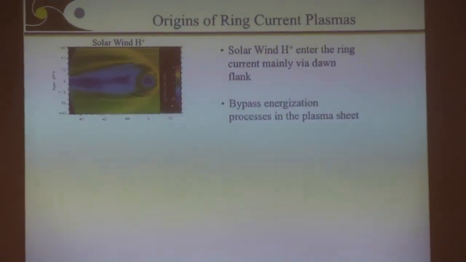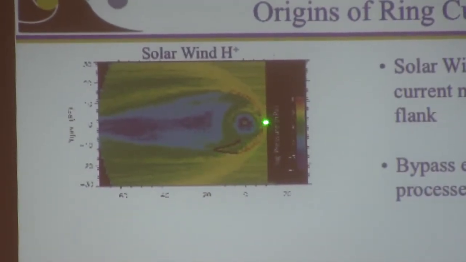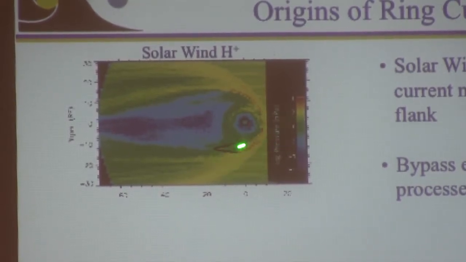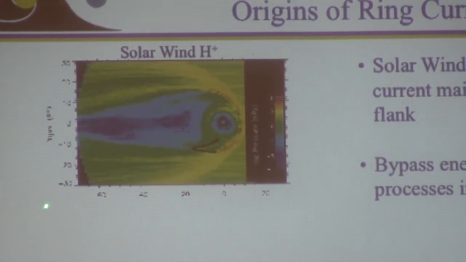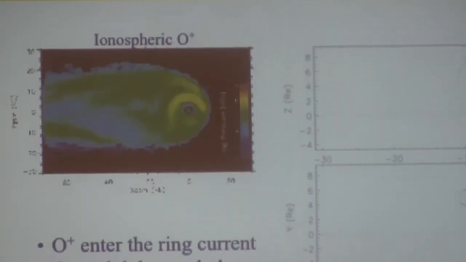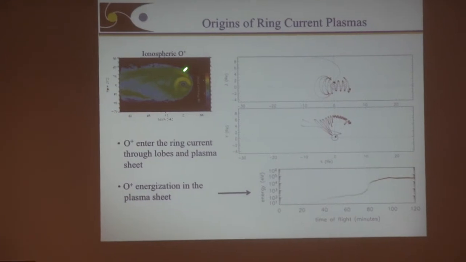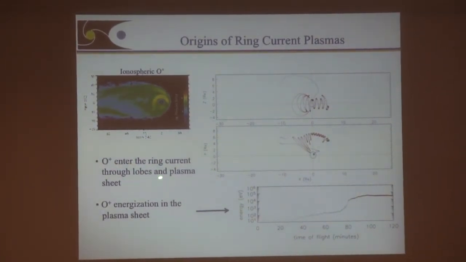For the solar wind particles, we found that they enter the ring current mainly from the dawn flank and bypass the energization process in the plasma sheet. However, the ionospheric O plus enters the ring current mainly through the lobes and the plasma sheet.